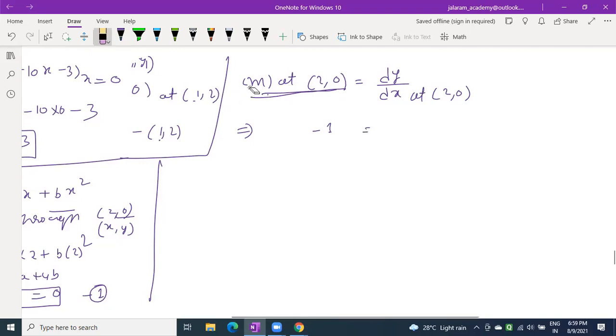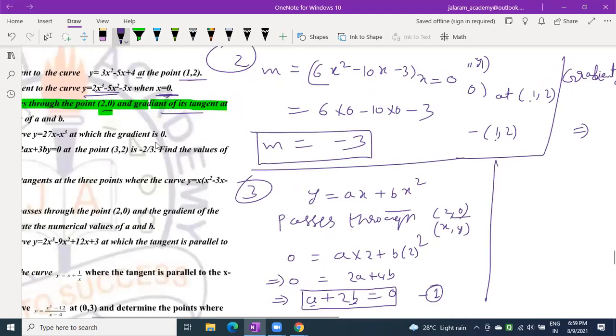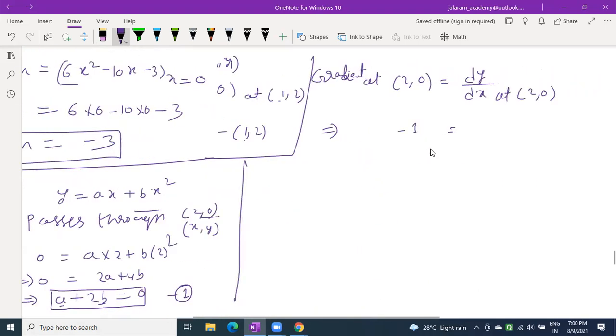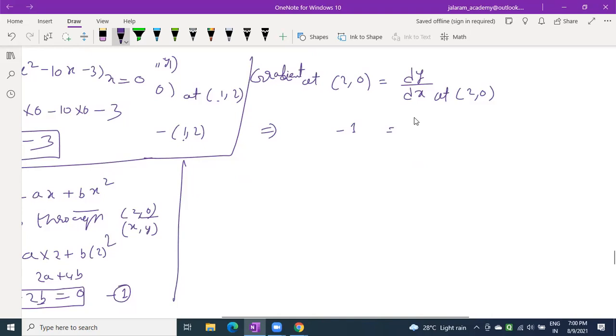Or to avoid confusion, you can write the full statement: gradient at 2, 0. Minus 1 equals dy by dx. Differentiation of y with respect to x, differentiation of ax plus bx square, at 2, 0.